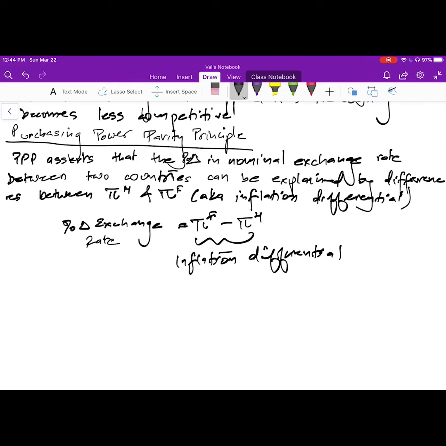So in simpler terms, if inflation at home is higher than inflation at foreign, what does that mean? Our currency should appreciate, right?